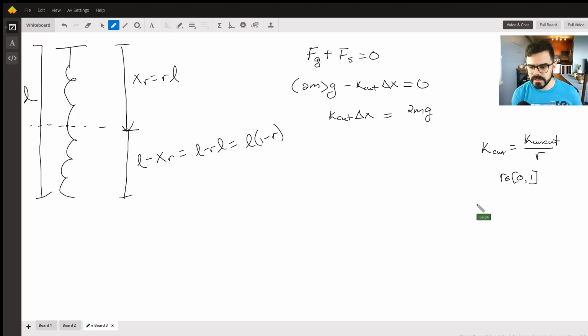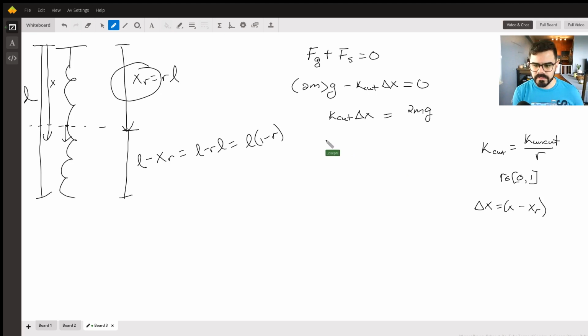And delta x is where we landed at in the spring, so once you put the mass, how much this stretched. It'll be, let's say, this distance x minus the rest position, which now is XR.